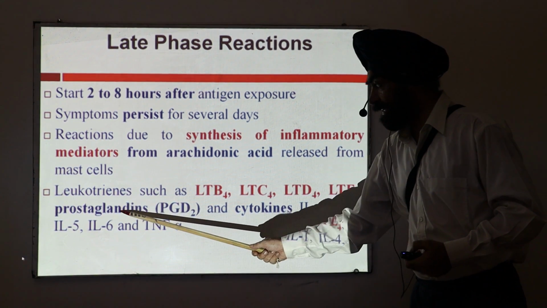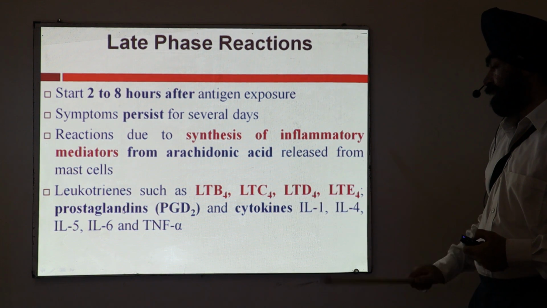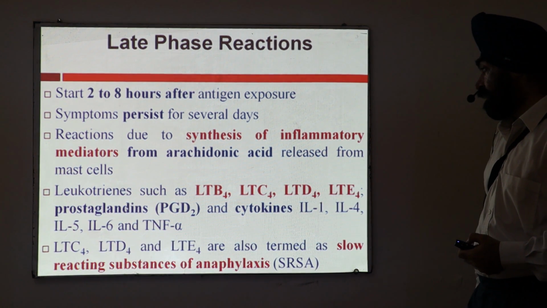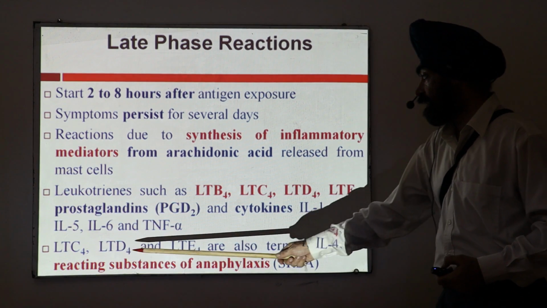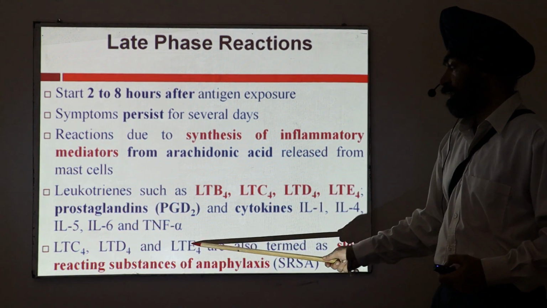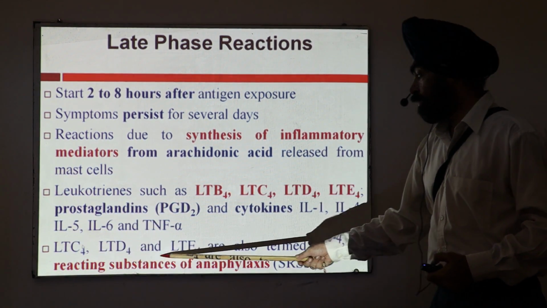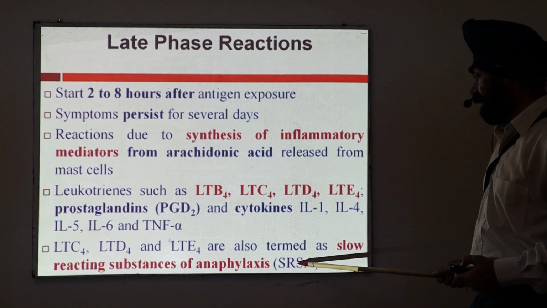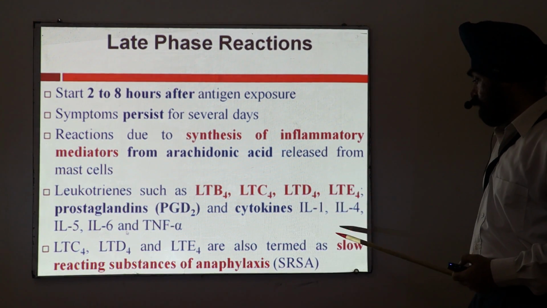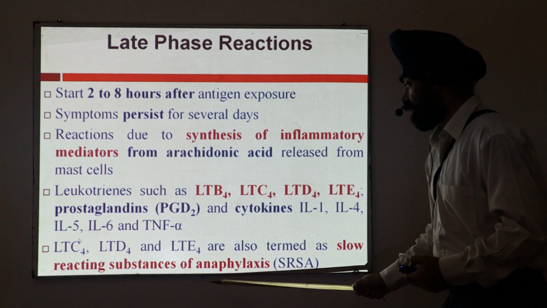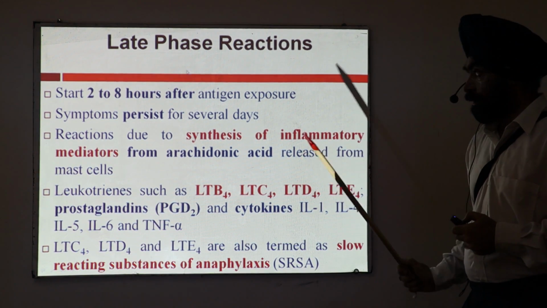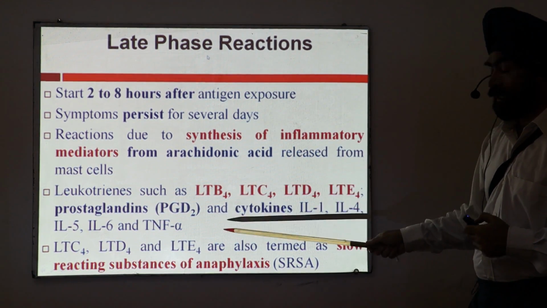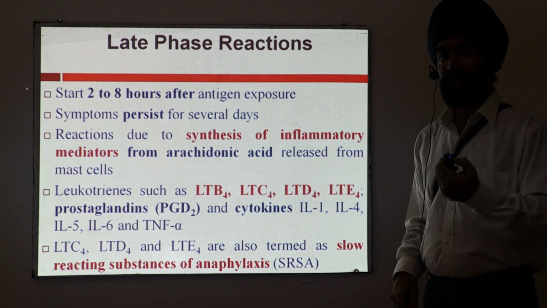Then there are prostaglandins. Then there are cytokines. Then this C4, D4, and E4, earlier they were also called SRS-A, that means slow reacting substances of anaphylaxis. Why? Because, as I told, type 1 hypersensitivity can be anaphylaxis also.